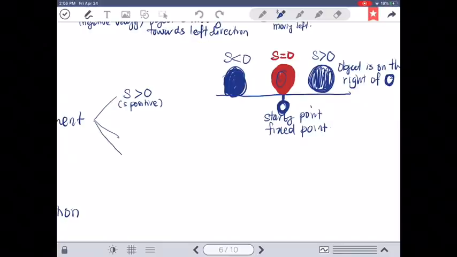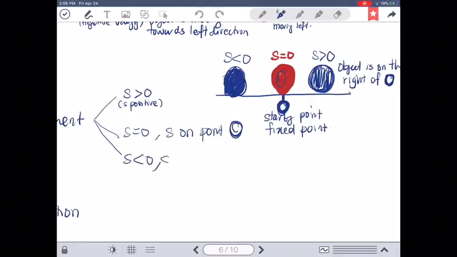So s equals to 0 means that the object is on point O. If s is less than 0, the object is on the left.